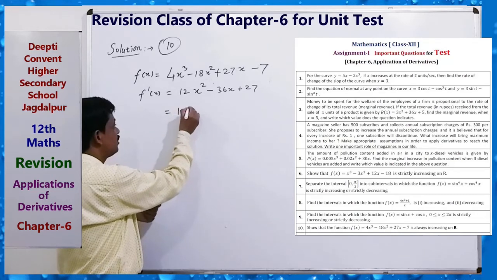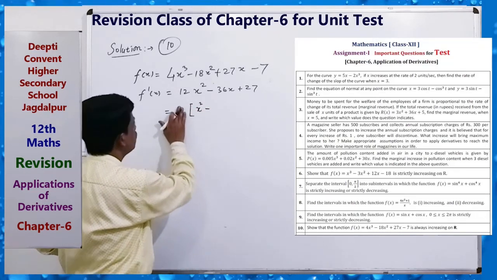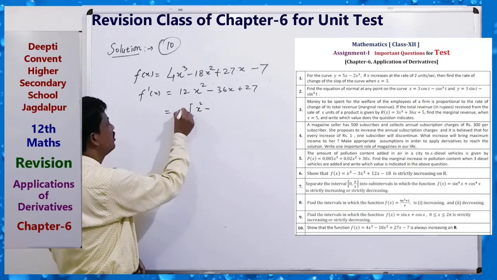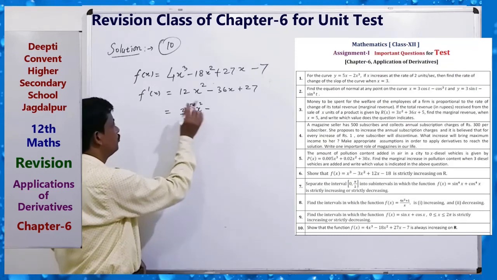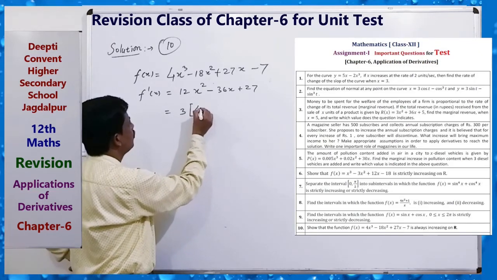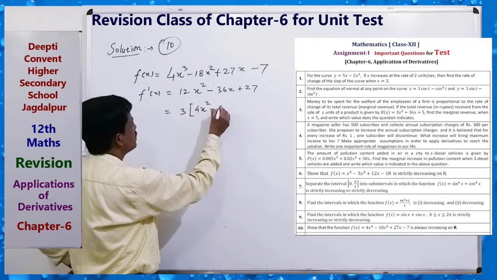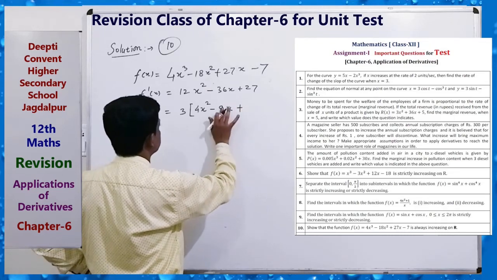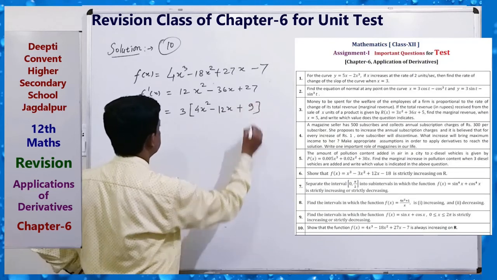For that you can take 3 common: 3 times 4x square minus 12x plus 9.